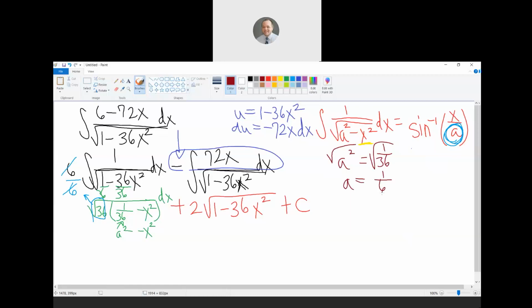So let's plug everything into our integral formula and our inverse sine formula. We have inverse sine of just x all over 1 over 6.